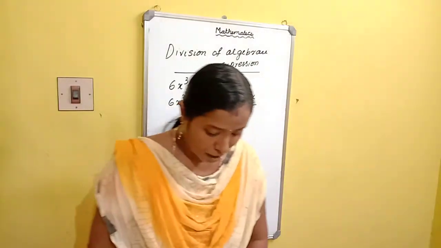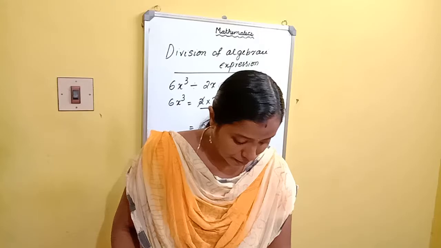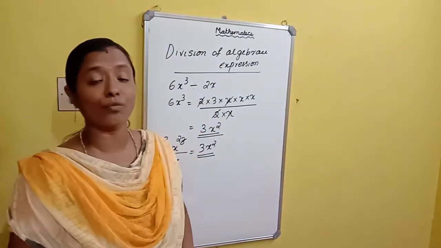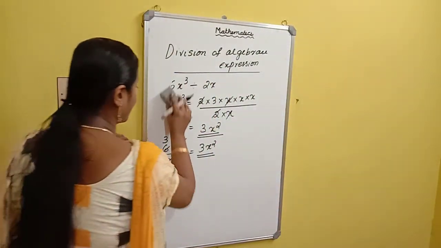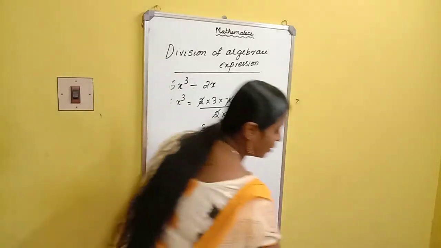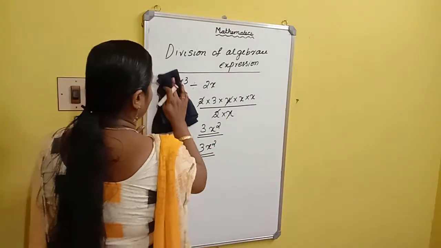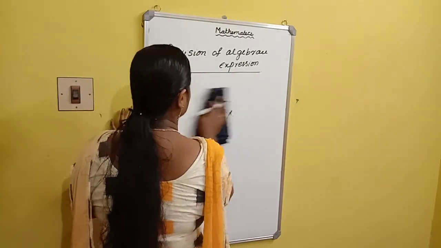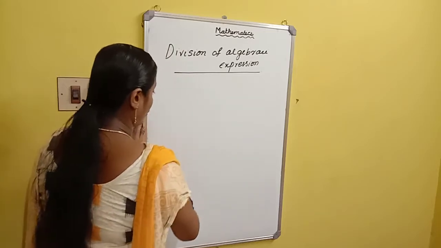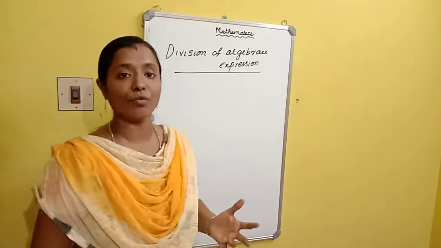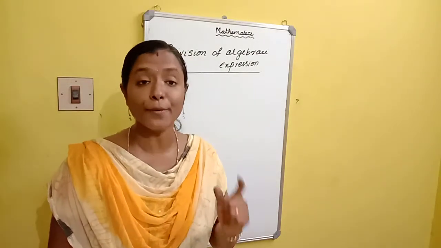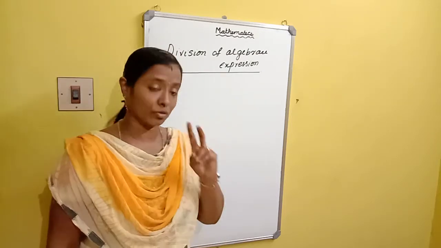Clear? Then how to divide one algebraic expression by a monomial, and how to divide one algebraic expression by a polynomial. Both are different.